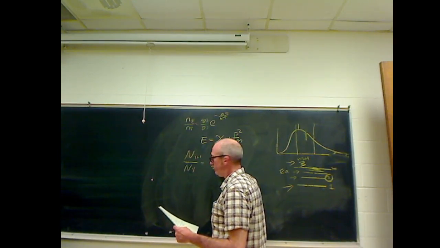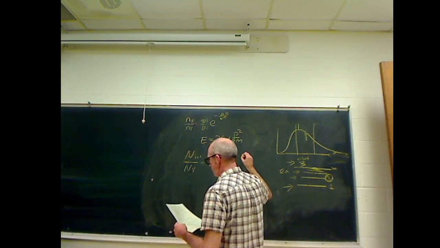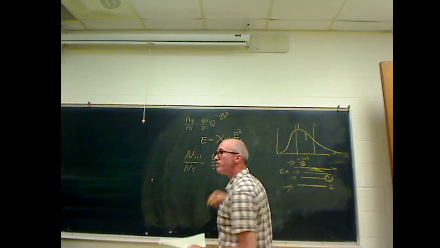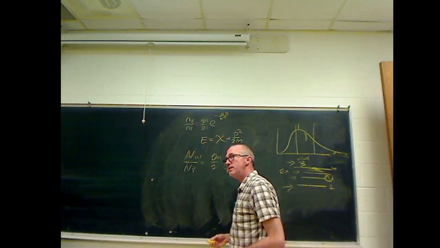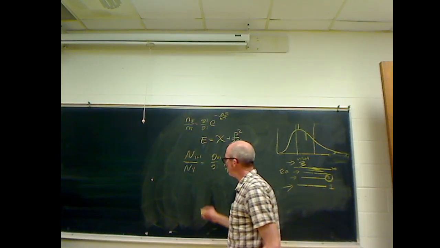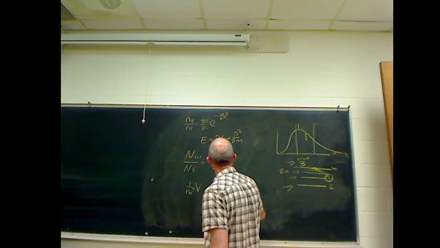And then we have 2 over the number of electrons times this. 1 over the electron density is the volume that one electron has to itself. Does that make sense? 1 over Ne is the volume.